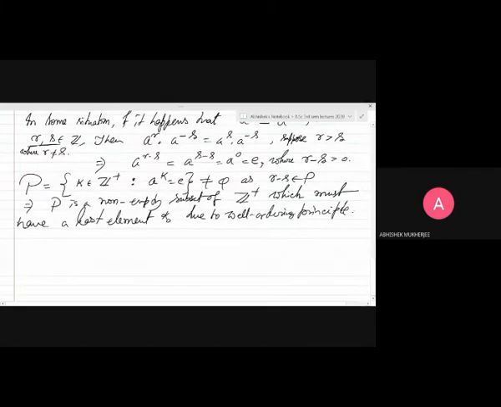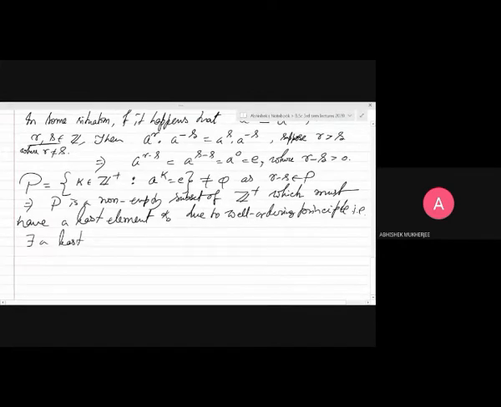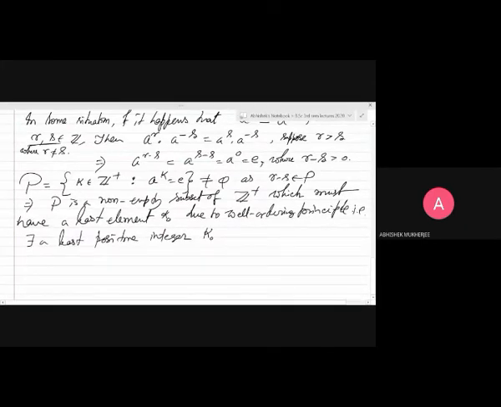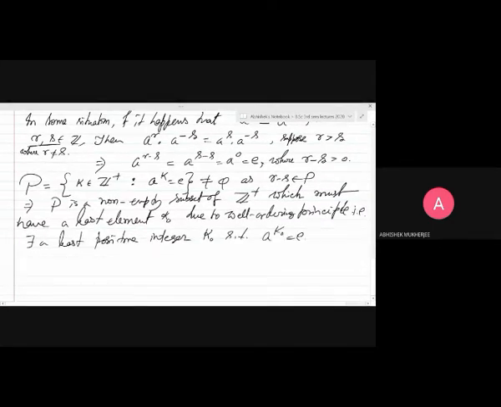That is, there exists a least positive integer k0 such that a to the power k0 equals identity.